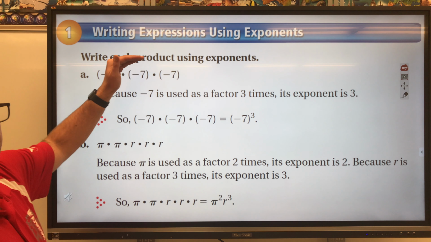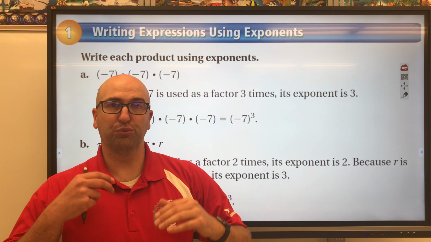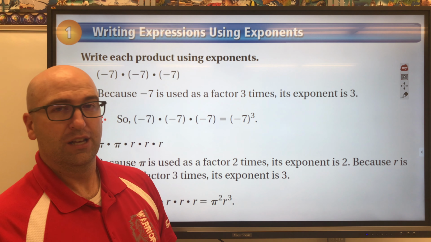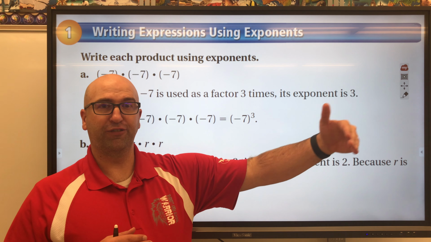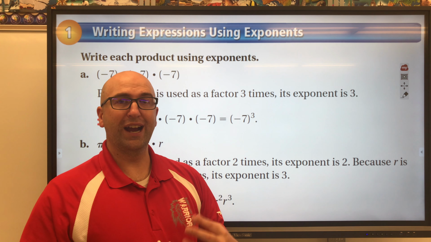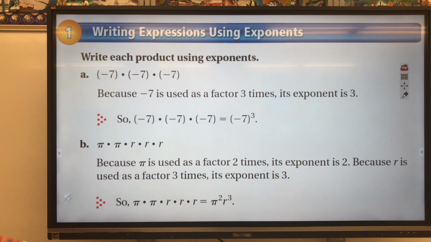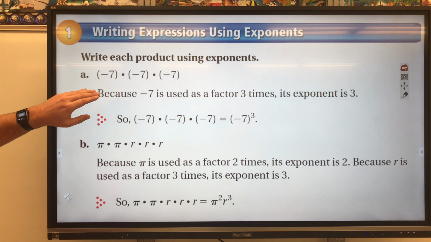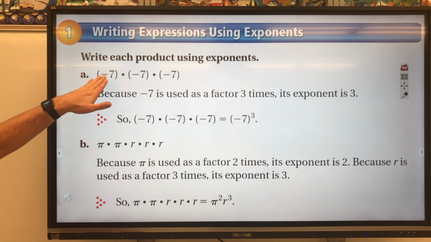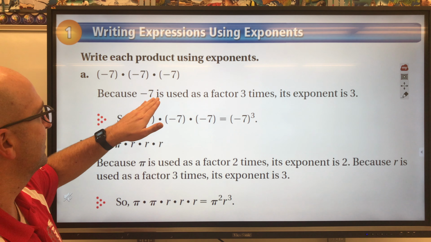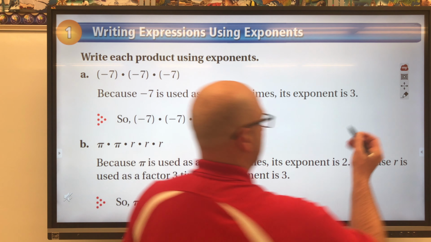So our first task is to write exponents. If you're given a bunch of factors, you're going to write those factors as exponents. So in the first example, we have -7 times -7 times -7.